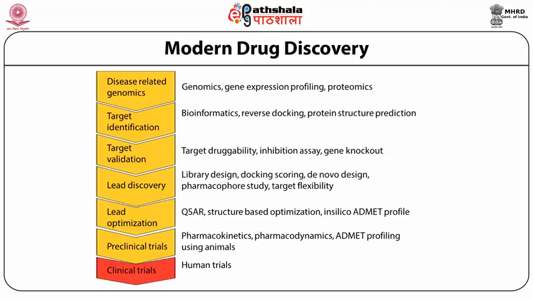After these studies, the molecules passing from lead optimization go for preclinical trials where pharmacokinetics and dynamics, apart from ADMET, are studied using animal models. Succeeding these, the drug or the prodrug enters the clinical trial phase, where the same pharmacokinetics, dynamics, ADMET profiling, and dosage are carried out on human subjects.